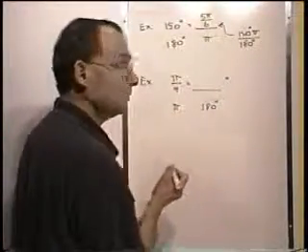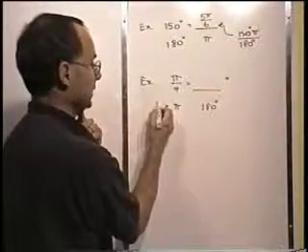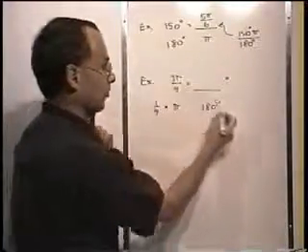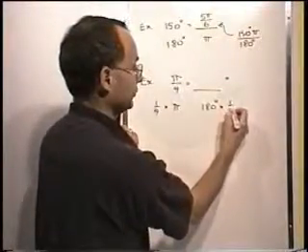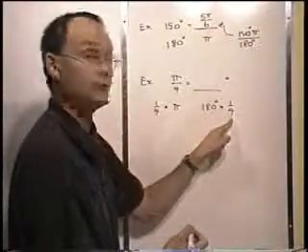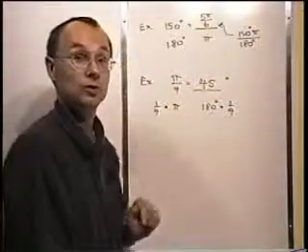But I think in this case it's easier to just multiply by 1/4. That's what becomes pi over 4. And I'll do the same thing on the right side. So I'm going to take 180 and divide by 4. Easy enough, 45 degrees.